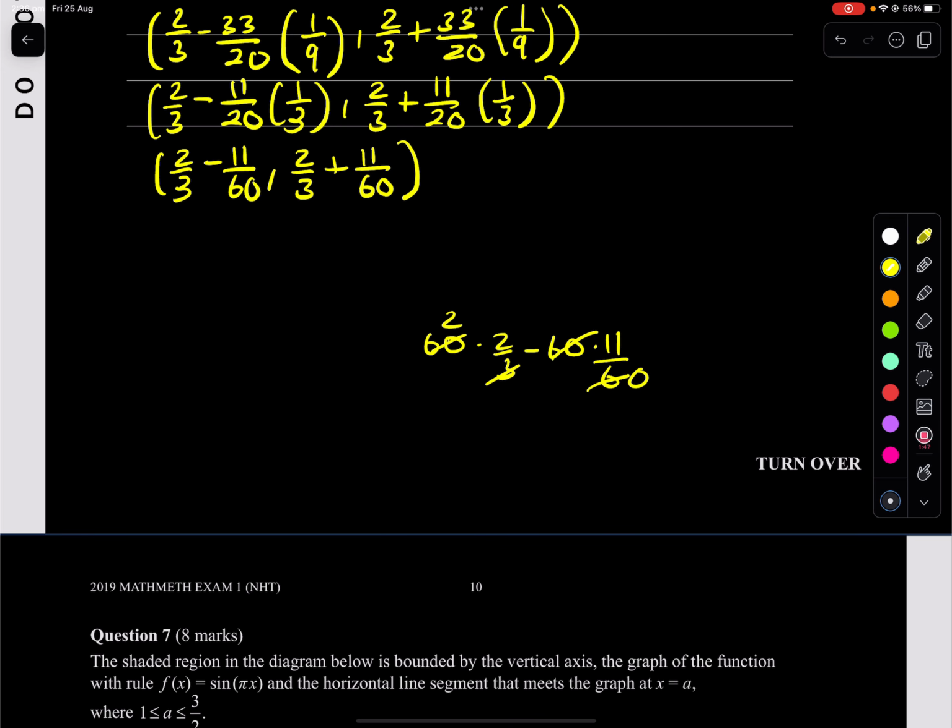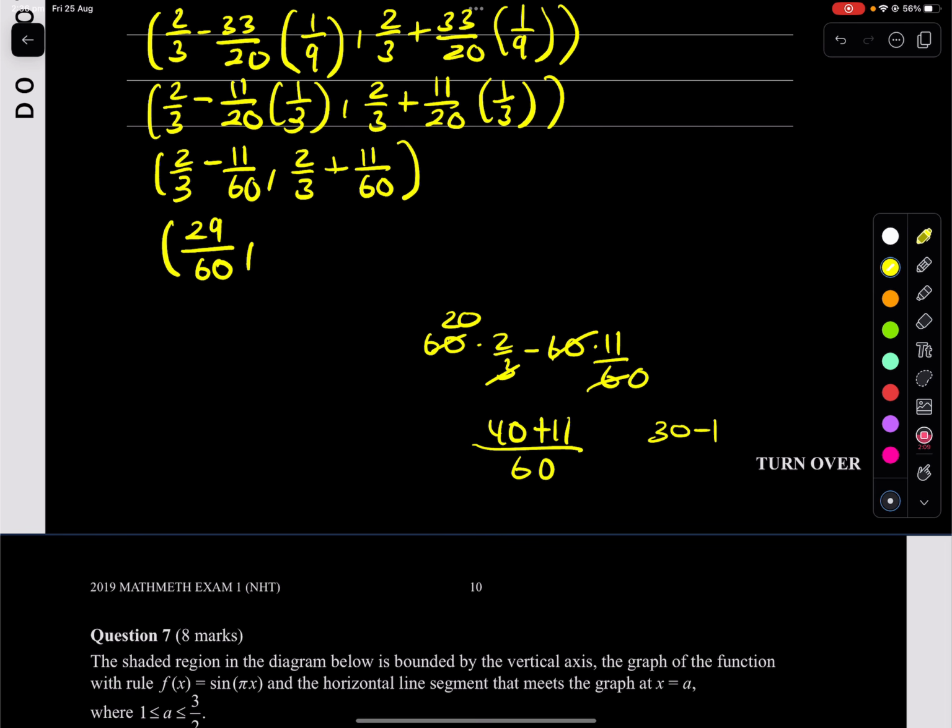So here, 20. So we're saying 40 minus 11 all over 60 for this one. So what's 40 minus 11? So we're saying 30 minus 1. 29. So we're saying 29 over 60.